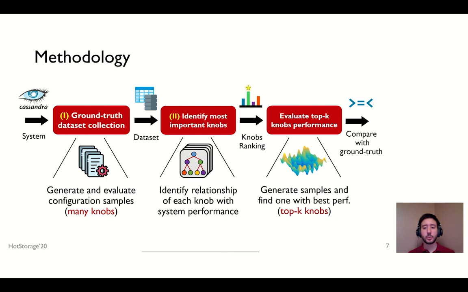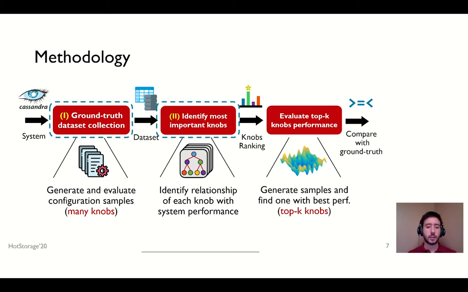At the final step, we evaluate the performance of the configurations that only tune these important knobs, and then we compare the performance that we got from configurations that only tune important knobs to the ones that tune many knobs.